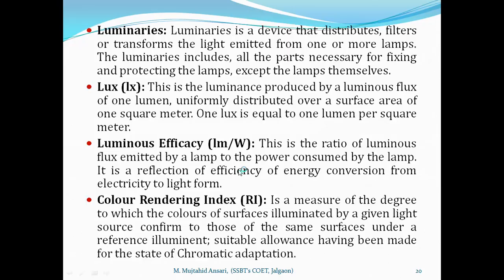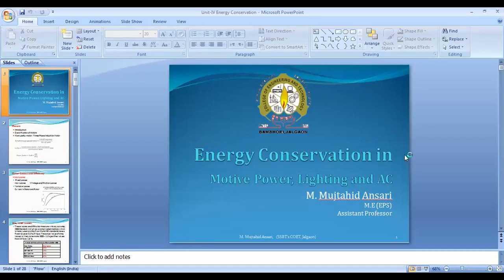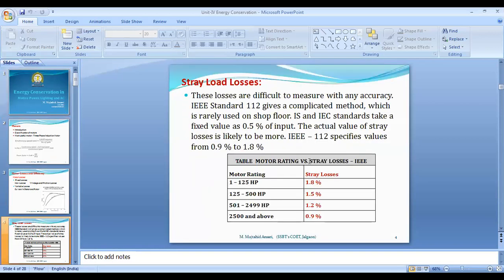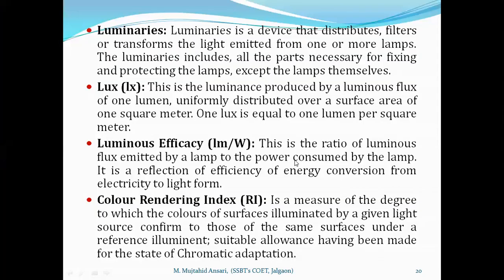Now luminaries. What we call the luminaire is nothing but a unit consisting of switch gear, that is, if there is a choke, a ballast, an igniter, a starter, and a stand for mounting the lamp.